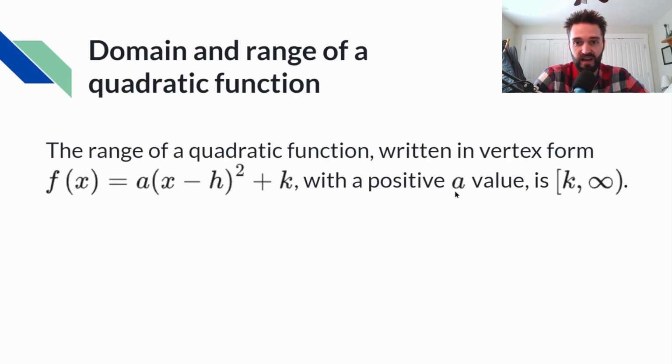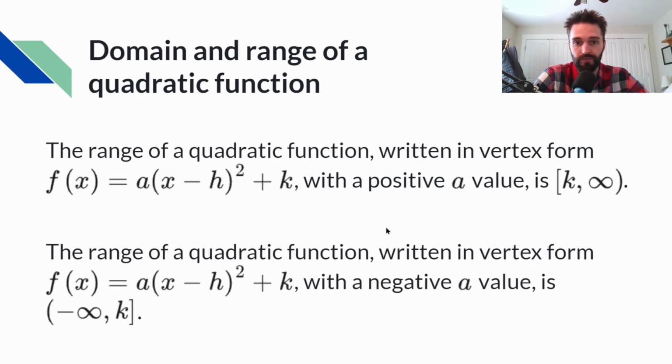And we have a positive a value, so the parabola opens upward, so we have an absolute minimum, which means that the y values are going from k to positive infinity. And if we have a negative a value, that means that the parabola opens downward, and the vertex is an absolute max. So the y values are going from -infinity up to k.